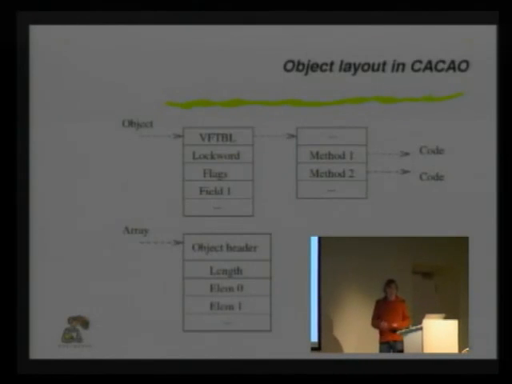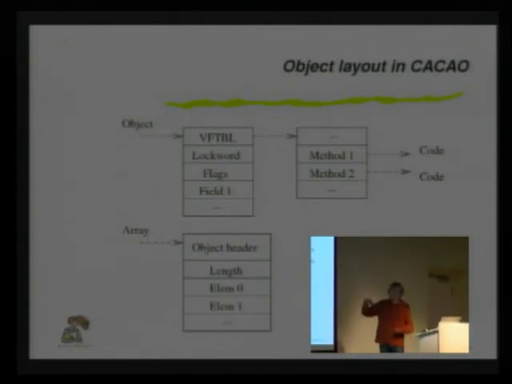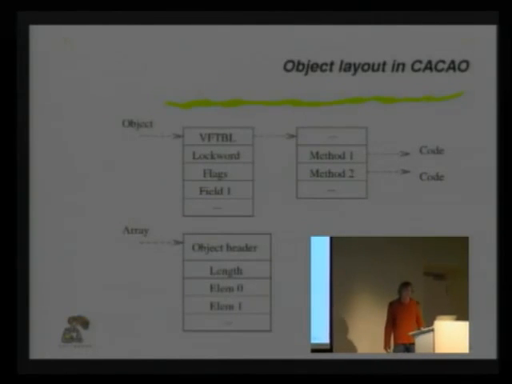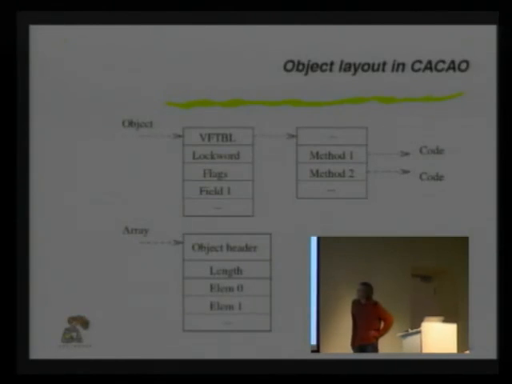Any Java reference type like object or string is just a plain pointer to an object that is located on the heap, and such an object consists always of an object header followed by all instance fields. If you now call a method in Java like toString, the code that will be invoked is not determined at compile time but rather at runtime. And the selection of the code works as follows.